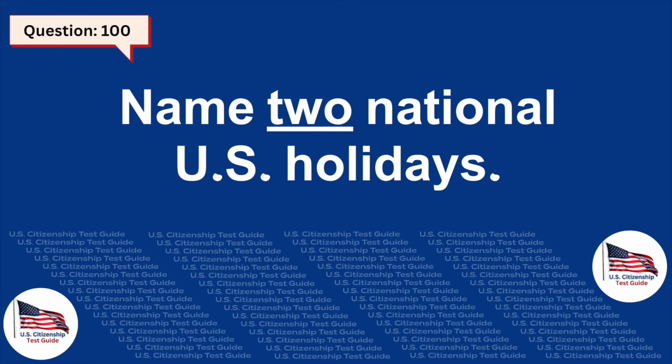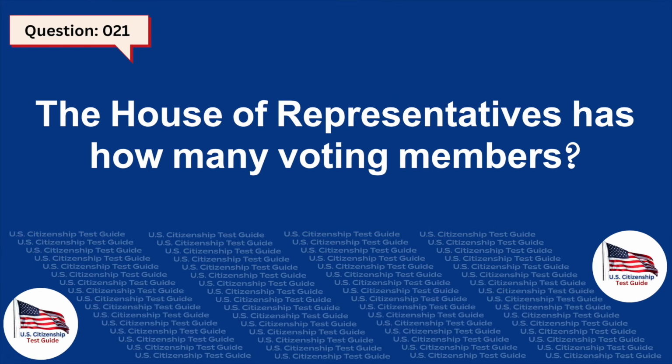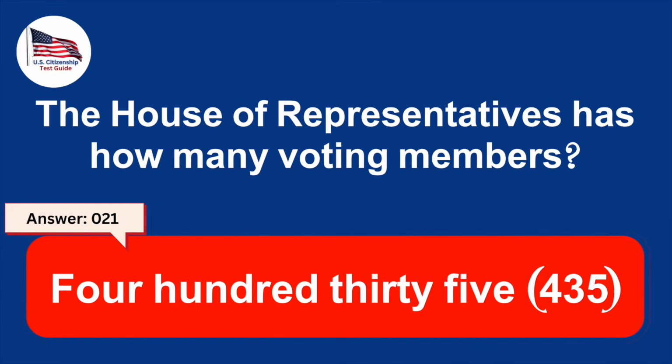Name two national U.S. holidays. New Year's Day. Independence Day. The House of Representatives has how many voting members? 435.